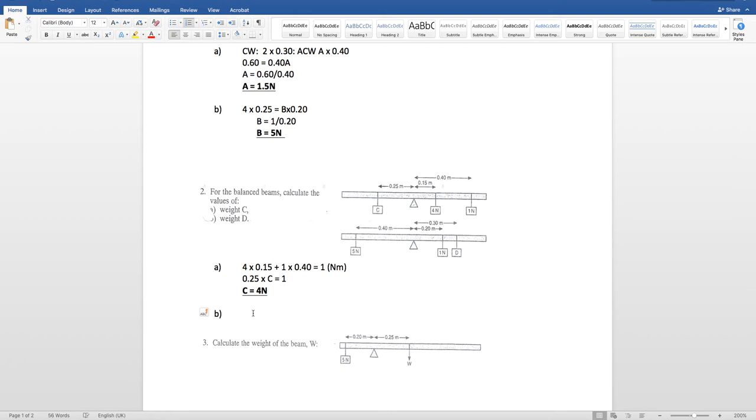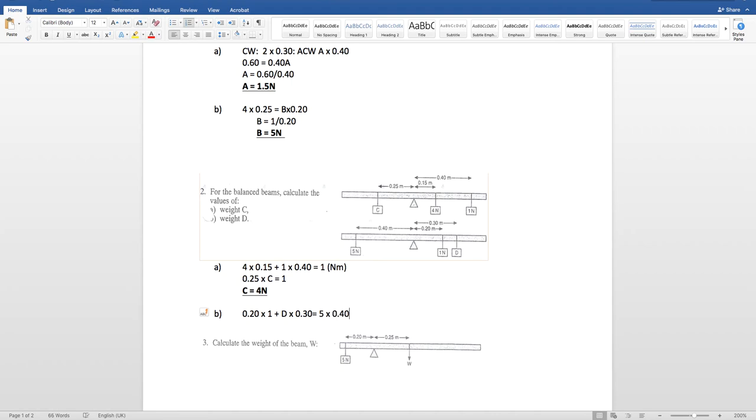Then we're looking for D. Well, we've got 0.20 there times 1. We've also got D times 0.30, and that's going to equal the anticlockwise 5 times 0.40.